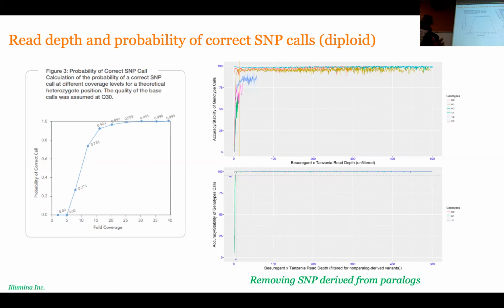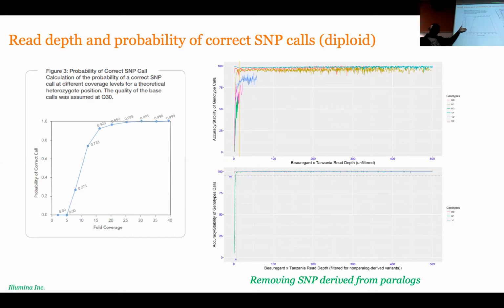So talking about, and it seems I'm beating a dead horse, and I'm emphasizing this whole concept of paralogs. What I'm showing here, let's look at this. Talking about coverage, this is something Illumina put out there. Basically, if you're doing SNP calling, this is the probability of your SNP call accuracy.